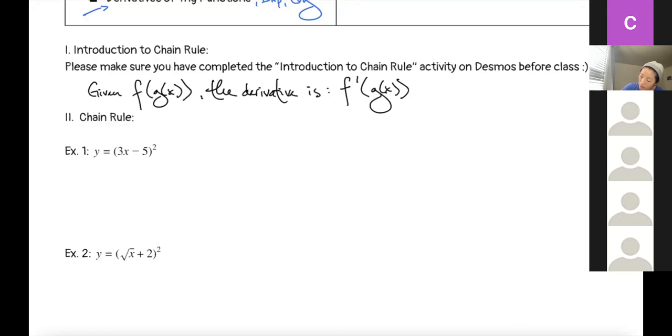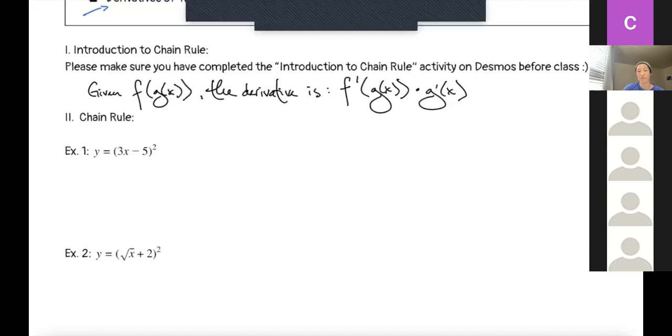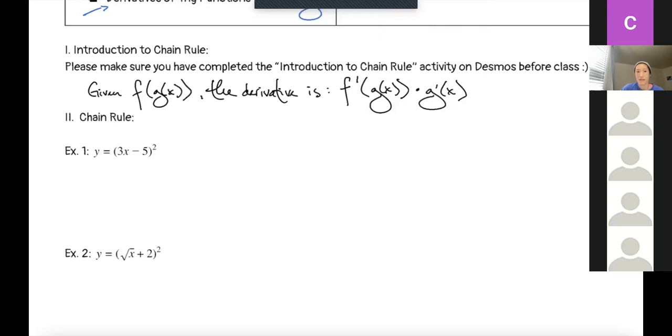We multiply by the derivative of the inside piece. Now I know that the notation can look kind of scary or intimidating, so I thought we would just jump into some examples and try this rule out.